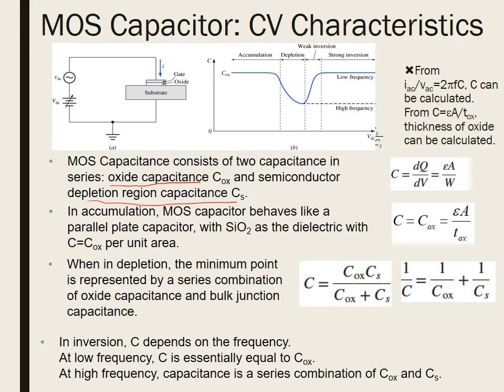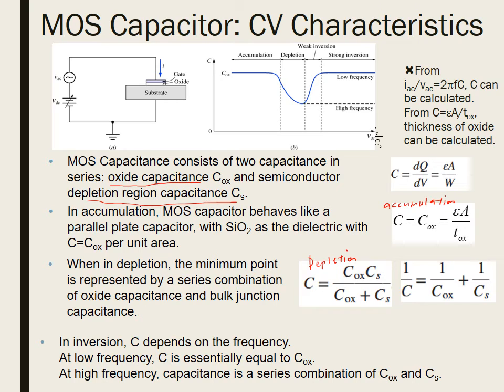In accumulation, the MOS capacitor behaves like a parallel plate capacitor with the SiO2 as the dielectric, and thus total capacitance C is equal to COX. Under depletion, it can be represented by a series combination of oxide capacitance COX and semiconductor depletion layer capacitance CS.